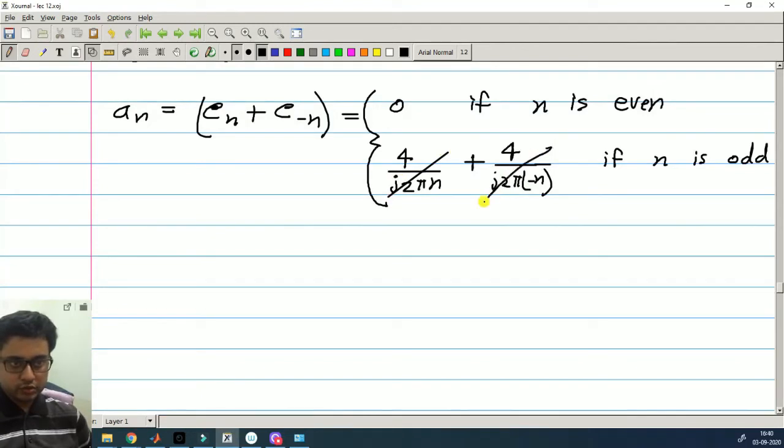These two are equal and opposite, so it is also 0, so an is always 0.